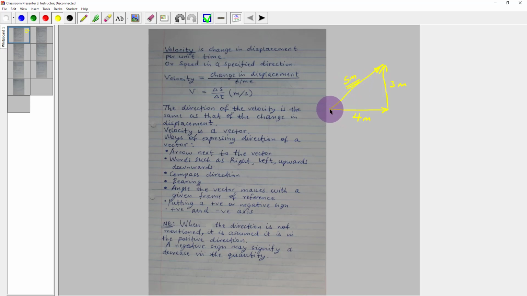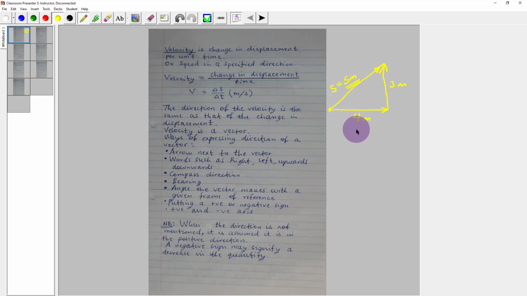The displacement is the straight line, the length of the straight line between the point where it started to the point where it stopped. So I've just used Pythagoras theorem to get the length of the hypotenuse, which is 4 squared plus 3 squared is equal to 5 squared.